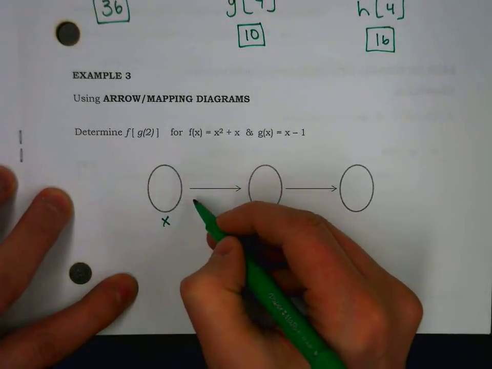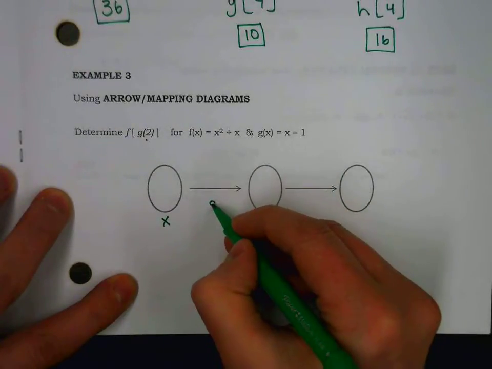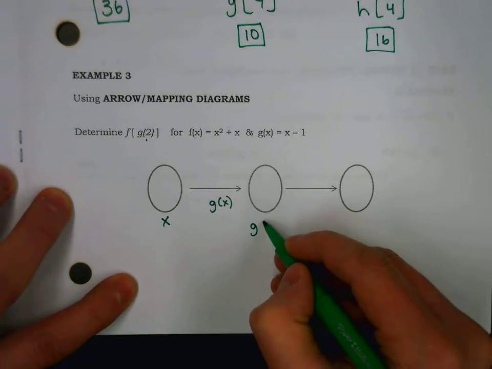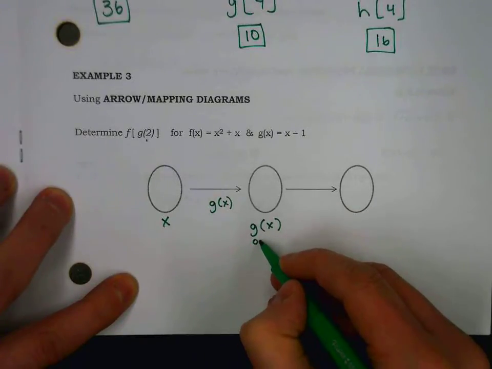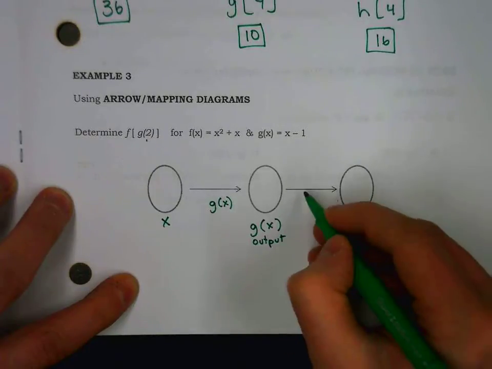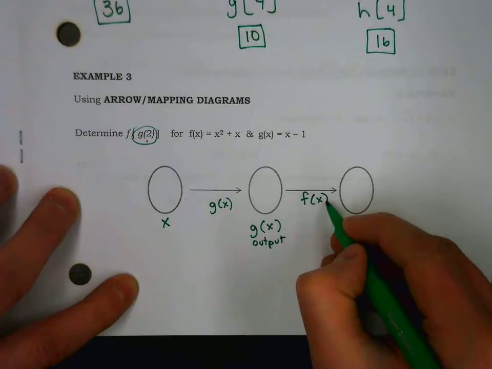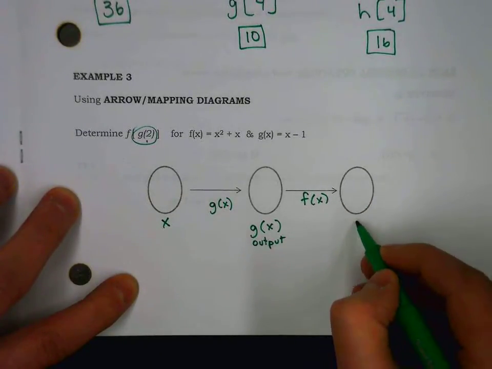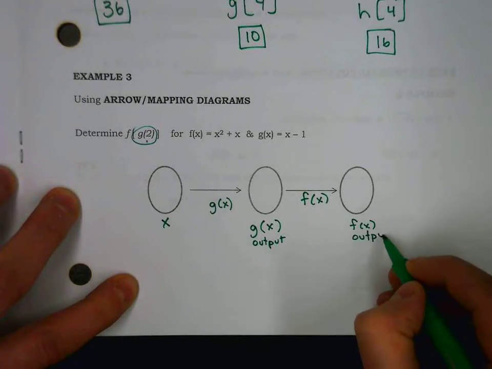We are plugging it into a g function and determining g of, in this case, 2. So we have a g of 2 output. This output is going to become an input into the function f, and the input becomes a new output of our function f of x, which is again our final answer.